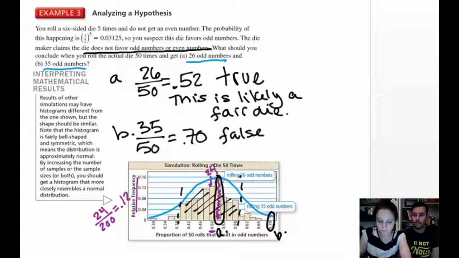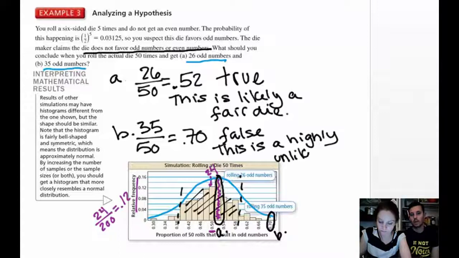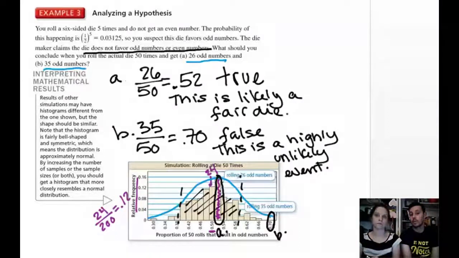So our hypothesis is false in this case. And statistically speaking, we put that it's probably false. I would justify that this is a highly unlikely event because it falls outside of the normal distribution curve, or at the tail of the normal distribution curve.